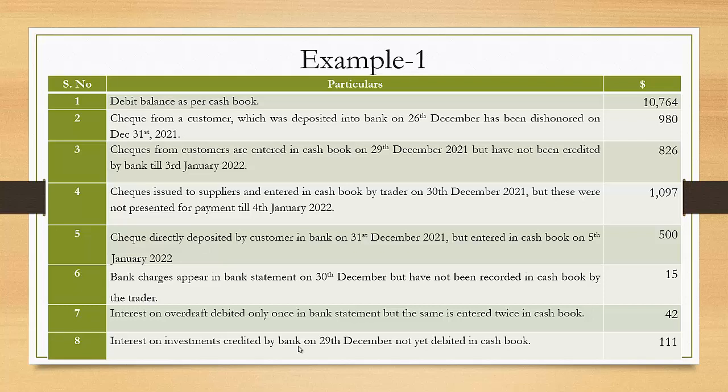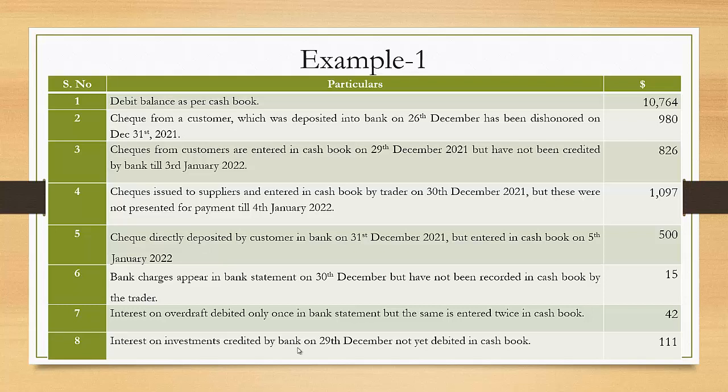Now let's have a look at the types of transactions due to which there are some differences. The second, you see, is a check from a customer which was deposited into the bank on 26th of December and has been dishonored on 31st, 2021. So the company had deposited one check on 26th, and they got the notification on December 31st that the check has been dishonored.